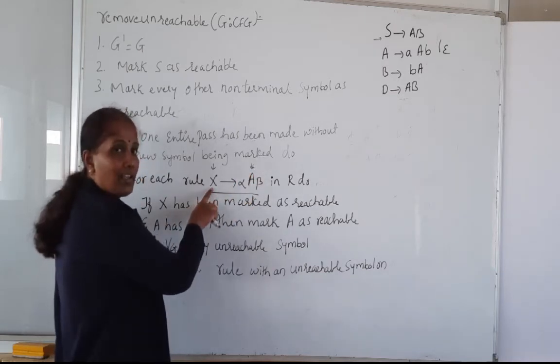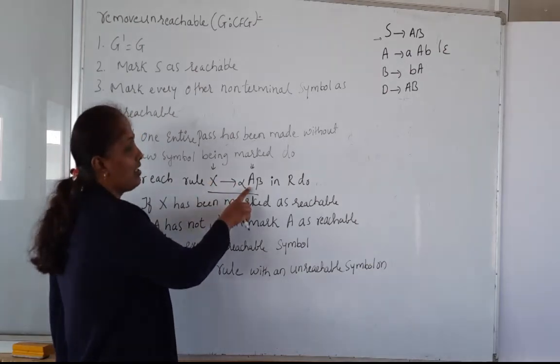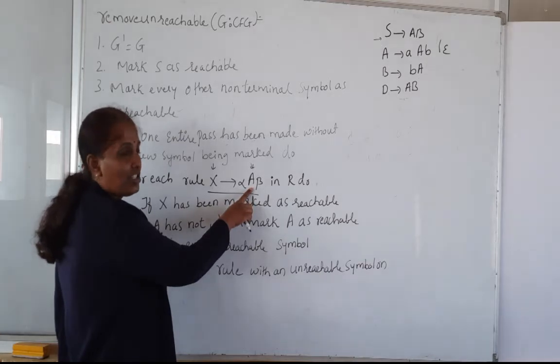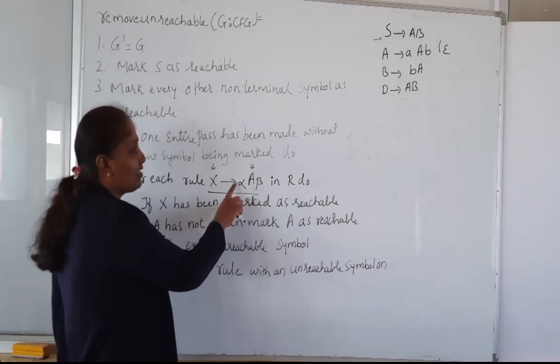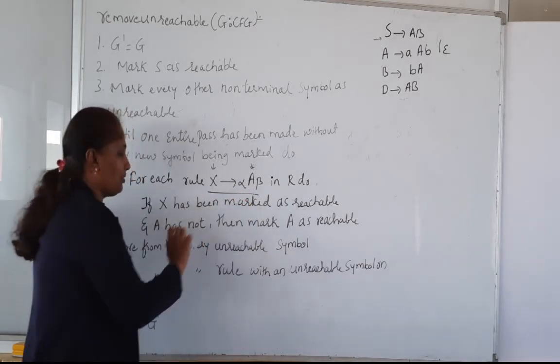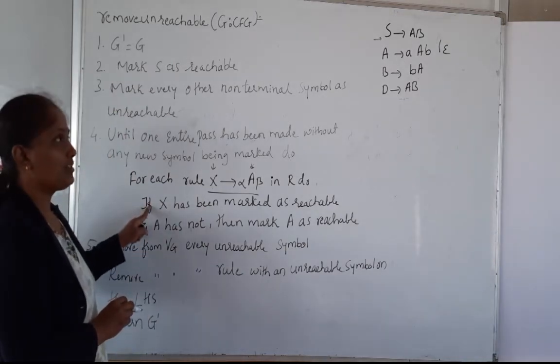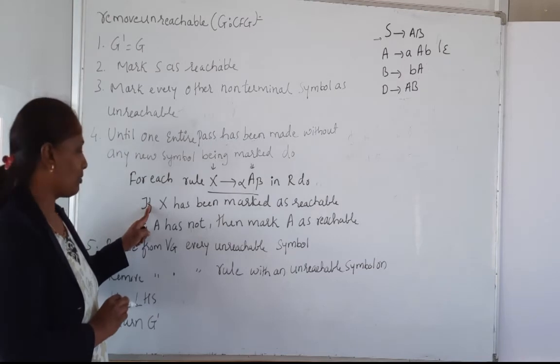X has been marked as reachable and it is producing another symbol, that is A, which has not yet been marked as reachable. If such cases are there, then mark A as reachable. So we are going to do this for all the rules of the grammar.